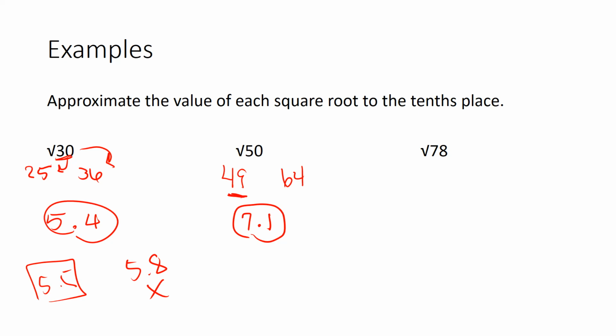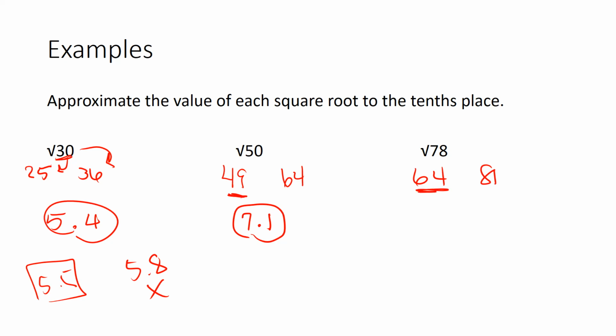Hopefully that's making a little bit of sense, and we're just using number sense here. Again, we're not trying to be exact, we're just making an educated guess based on our number sense. Last one here, square root of 78. Now, the perfect squares that are right around 78 are 64, that's the one that's smaller, and 81, that's the one that's bigger.